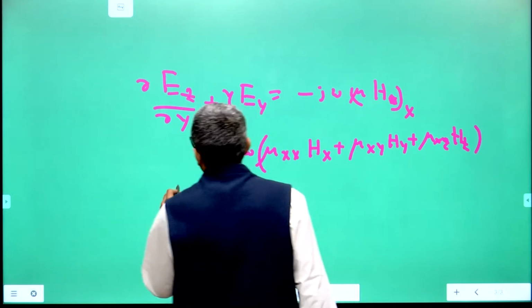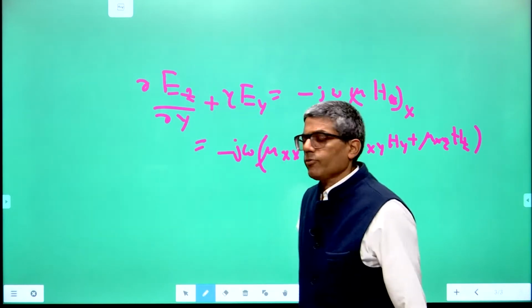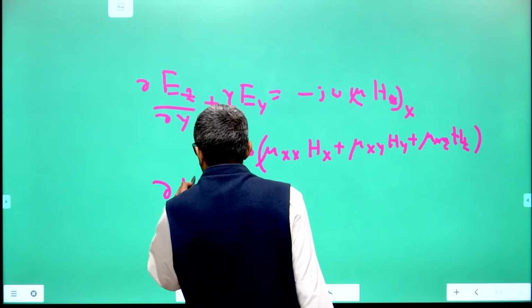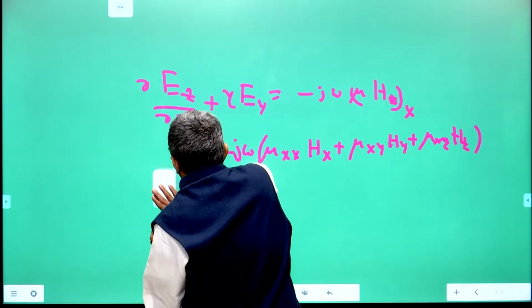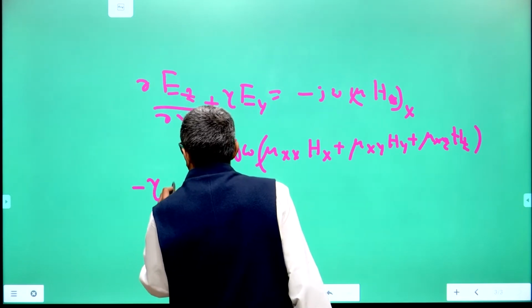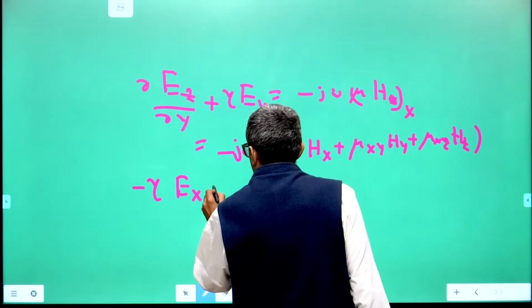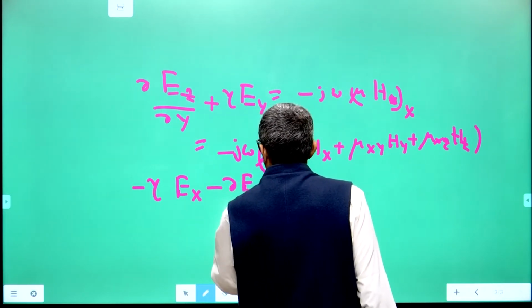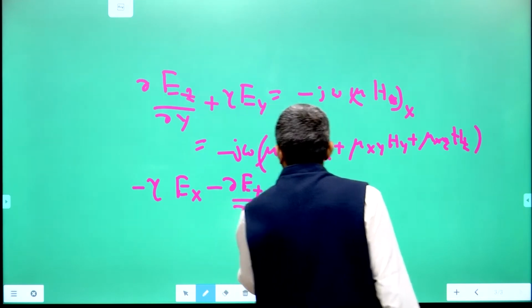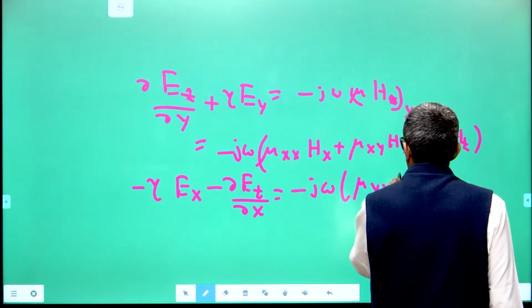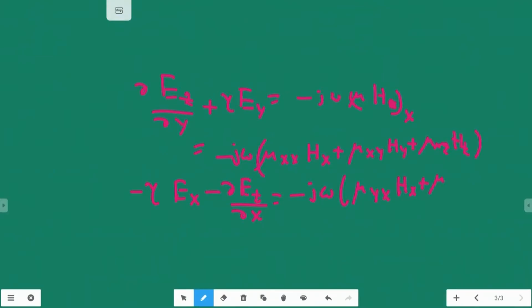Likewise, if you write down the y component of the first Maxwell curl equation, namely Faraday's law of induction, dou Ex by dou z will be replaced by multiplication by minus gamma, so minus gamma Ex minus dou Ez by dou x is equal to minus j omega times mu yx into Hx plus mu yy into Hy plus mu yz into Hz.